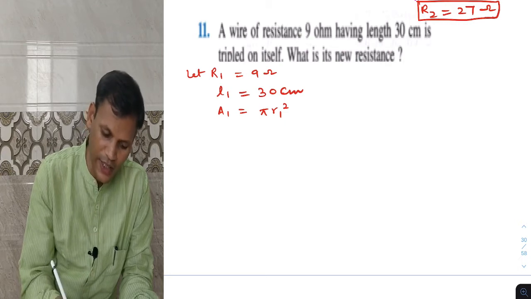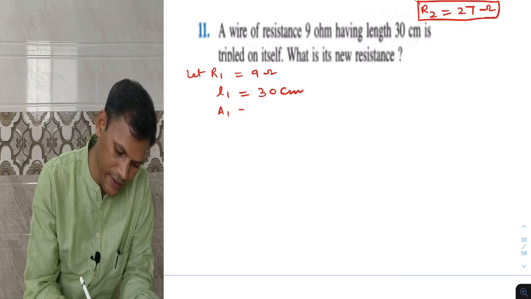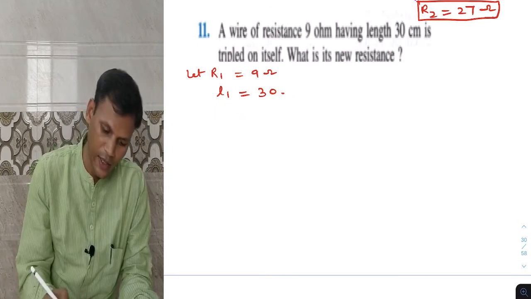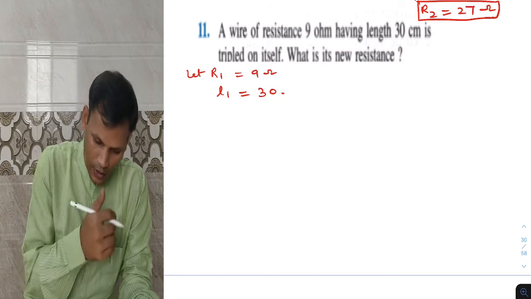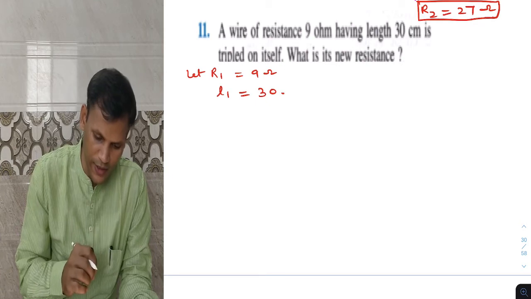So we are assuming its radius, first of all. The radius will also be 3 times as it is tripled, so the area becomes 3 times.